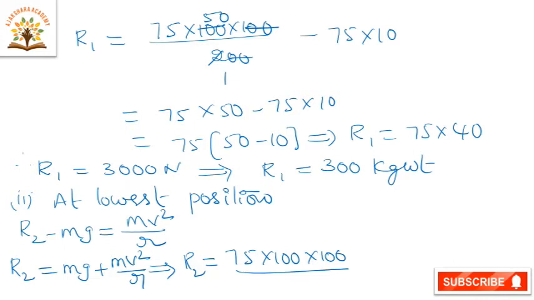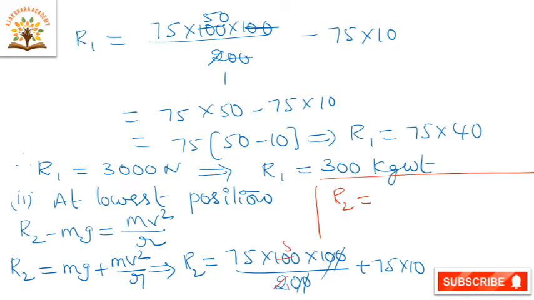So mv square by r, m is 75, v square is 100 into 100 by r, 200, plus 75 mg into 10. The zeros get cancelled. Now lastly we are getting R2 is equal to 75, 2 ones, 2 5s are 0, 75 into 50.